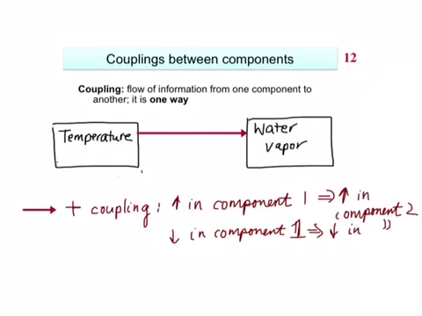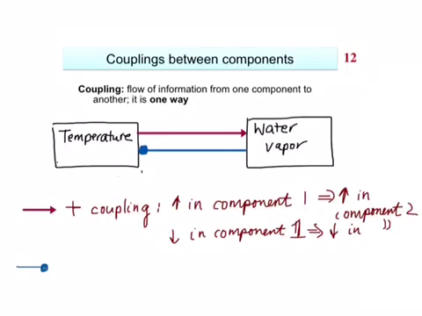And just to make that clear here, I'm going to change the color to blue. And in system science, we typically depict negative couplings not as an arrow, but as a line that terminates in a circle. Okay?